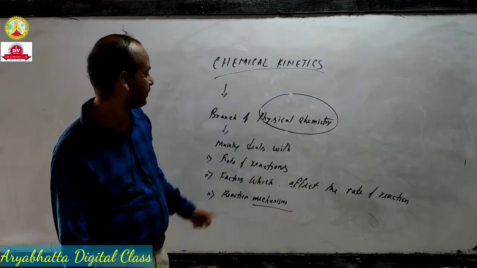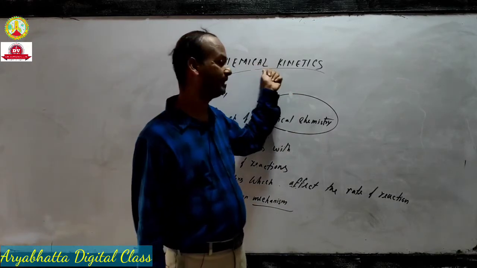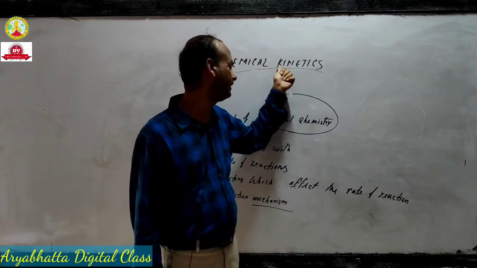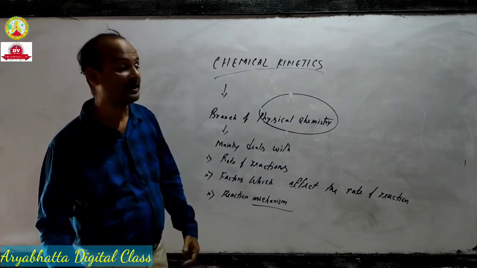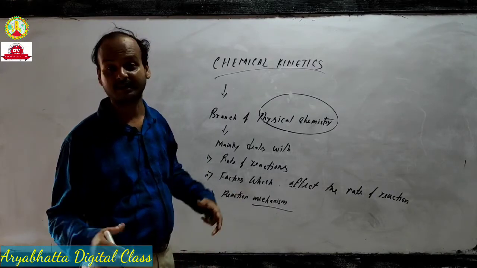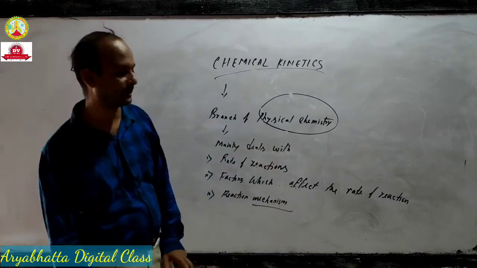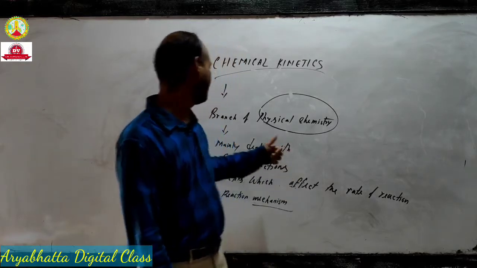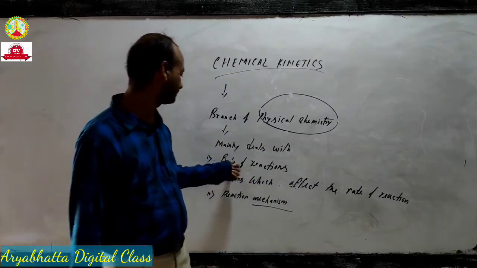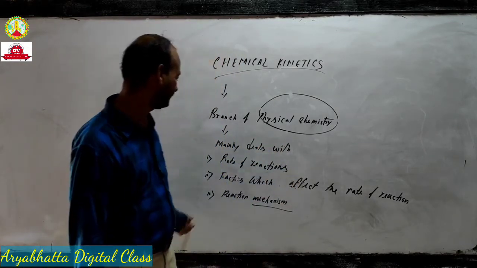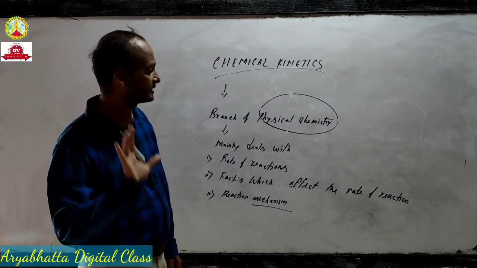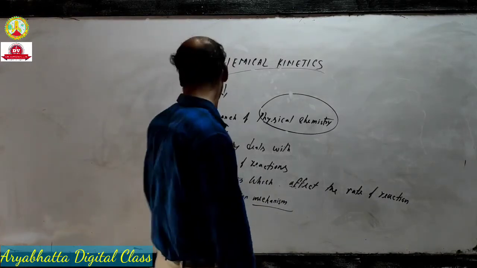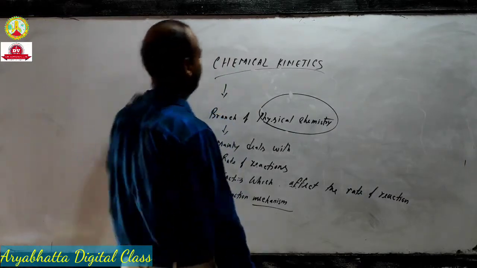This chapter will fulfill that objective, to understand how the reaction occurs. Before starting these 3 points, the rate of reaction, factors which affect the rate of reaction, and reaction mechanism, I am going to tell you some concepts about these 2 terms.